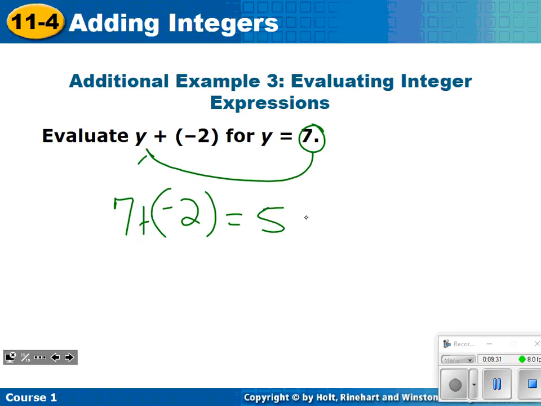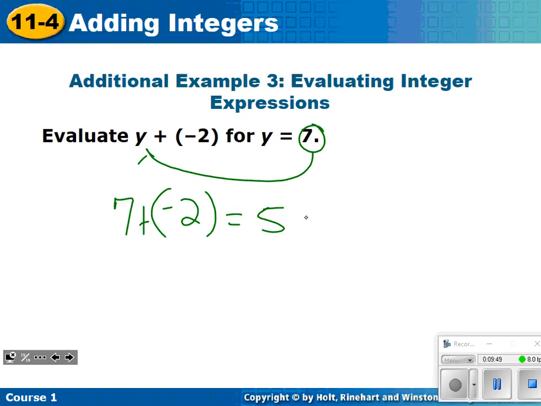Not -5. It's 5. Think about the number line, right? You start at 0, you go to 7, and then you come back 2. It's going to be 5. See, you almost got me.